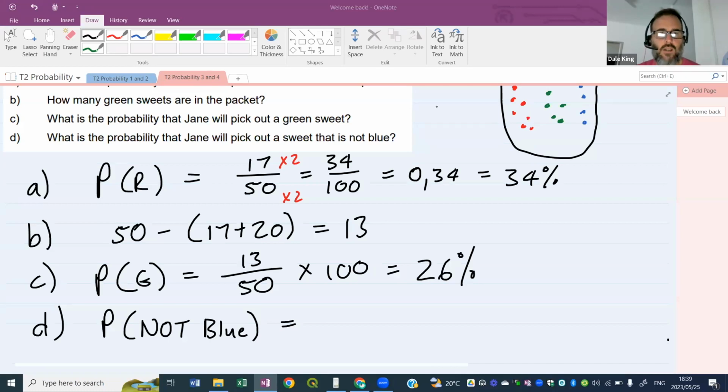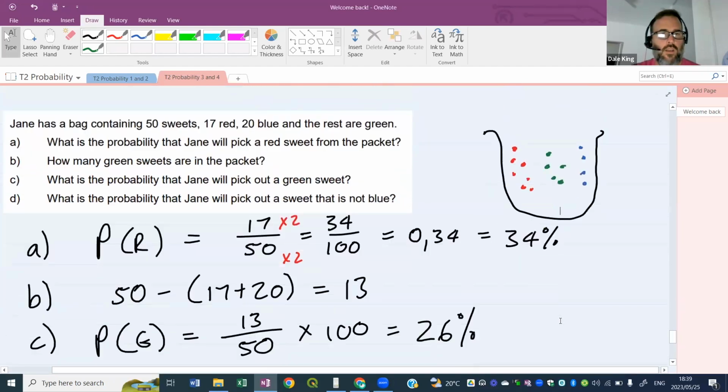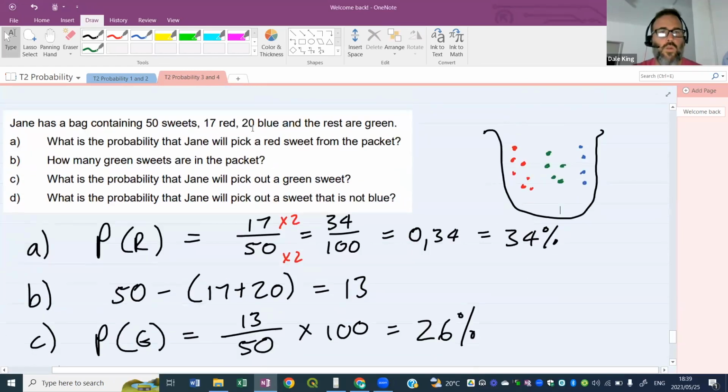Okay, so let's check it out, guys. If we go back up to this question, it says there are 17 red, 20 blue, and we've also now just worked out there are 13 green. All right, we don't want to get a blue, which is 20.